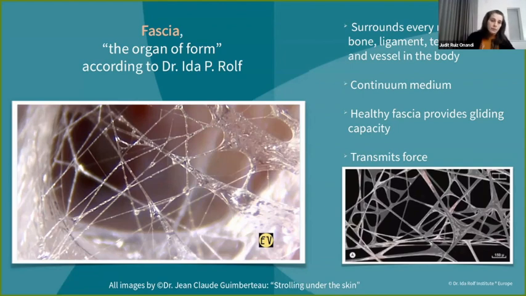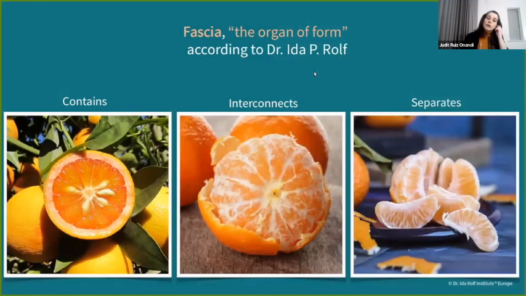This is similar to an orange. So imagine the white lining that we find in an orange. When we peel the orange, this white lining is surrounding and containing the fruit, but that layer is not smooth.